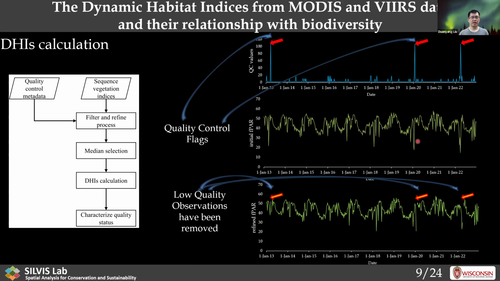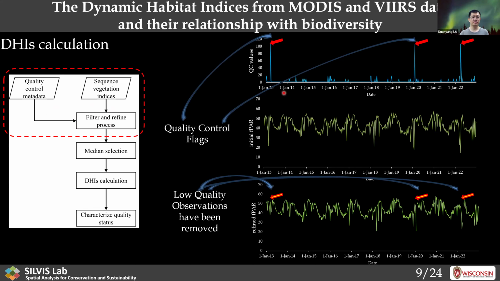And here is a flowchart of the DHI calculation process. Before calculating the DHI, we used the quality control metrics to remove the low quality observations.